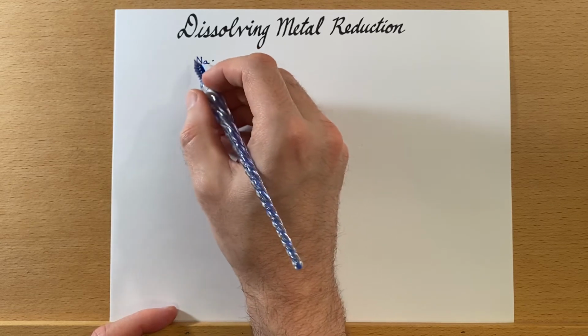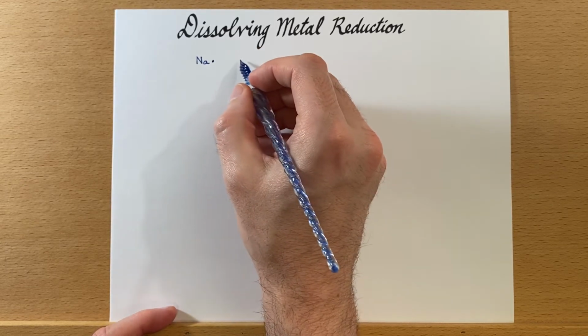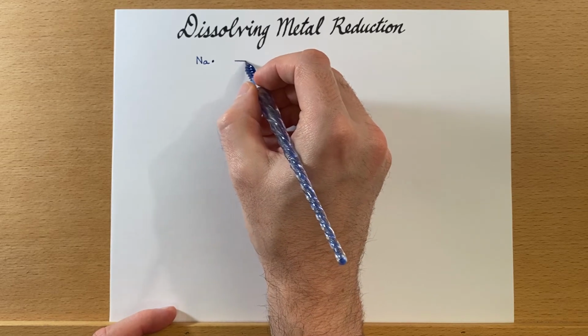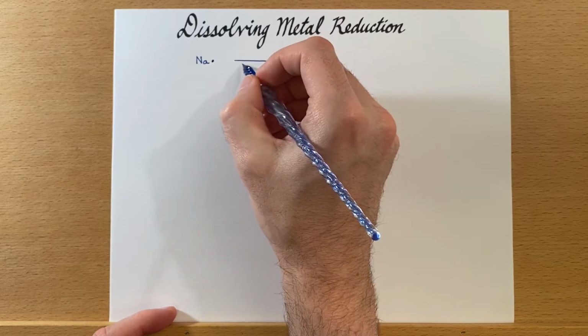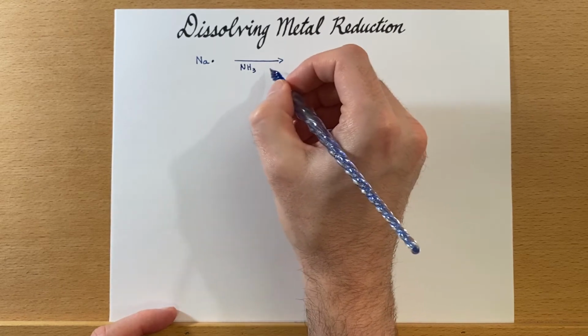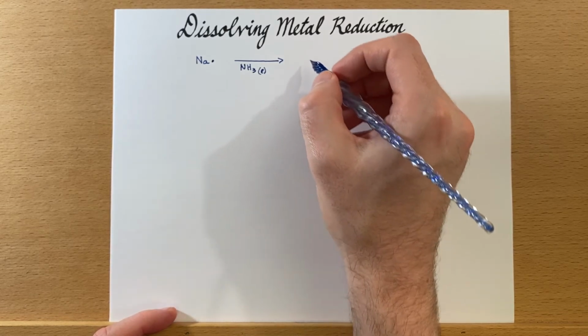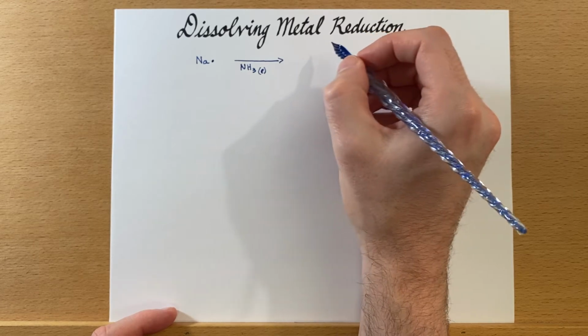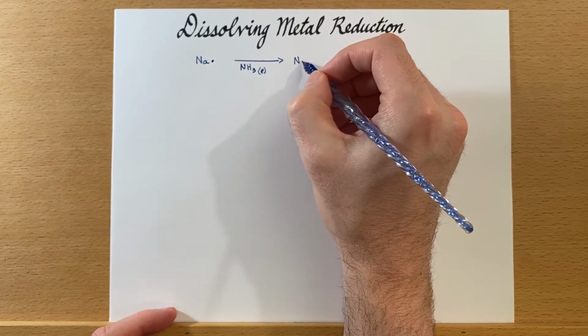And so we have a metal, which is sodium, and here is its valence electron. If we dissolve this in ammonia, which will have to be kept at a low temperature just to keep the ammonia liquid, then we can produce solvated electrons.